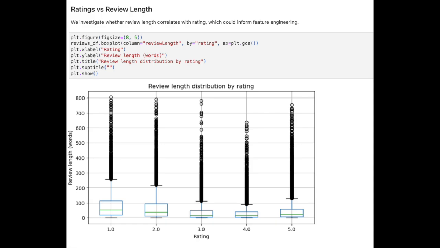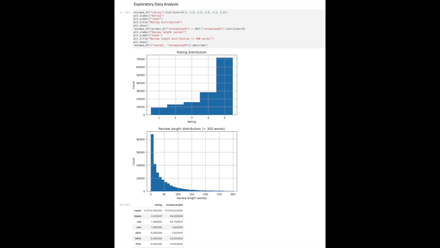Next, I create a simple metadata feature called review length, which is just the number of words in each review. Review length serves as a basic proxy for how detailed a review is. Later, I'll add it as a numeric feature alongside TF-IDF text features to see whether longer, more detailed reviews help predictions.